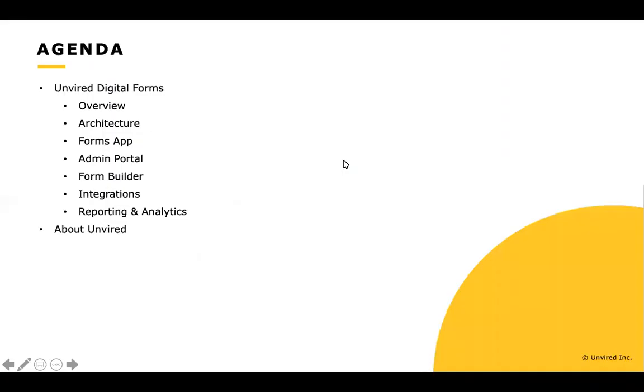All right. So let's start by briefly looking at the agenda. What I want to do, like I said, is go through the architecture briefly, and then we will look at the multiple components that form up the Unwired digital form solution, which primarily comprises of the administration portal, the companion application to fill forms, both web and mobile, and of course, the most important piece in terms of the form builder and the integrations that are supported.